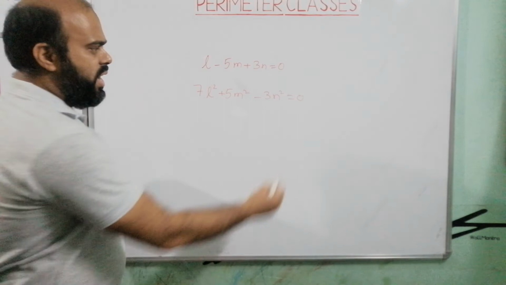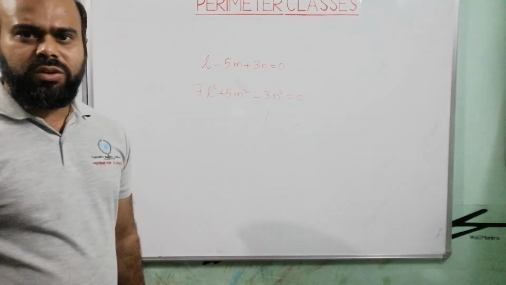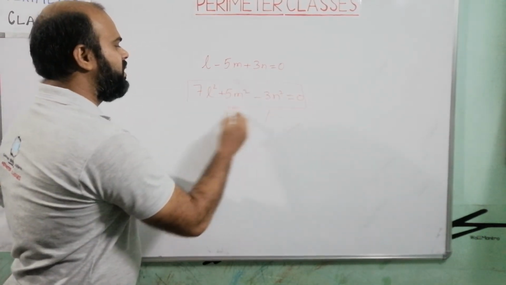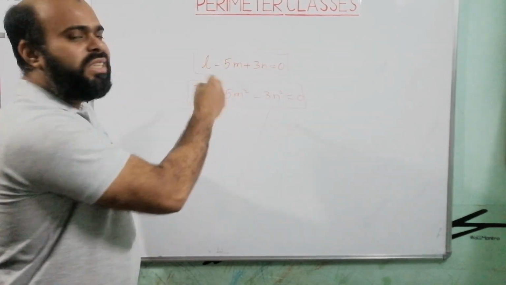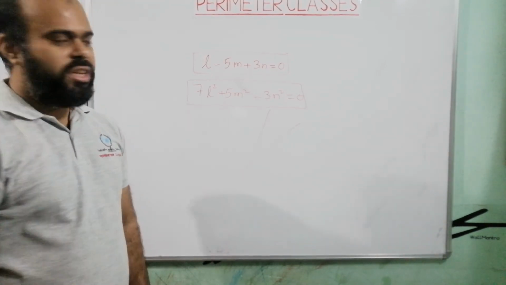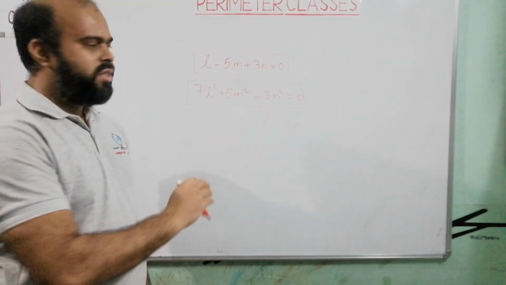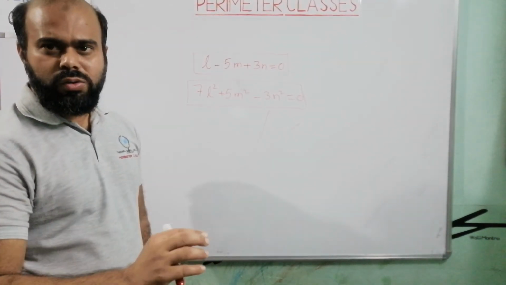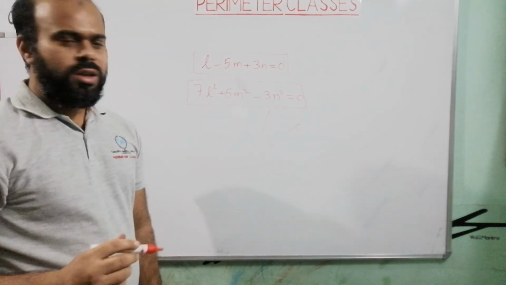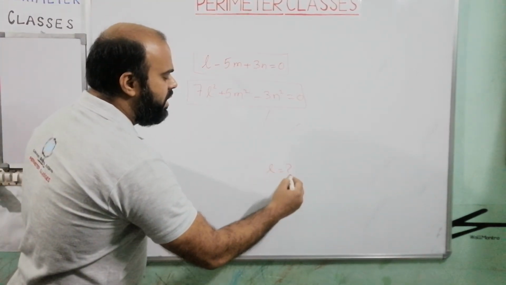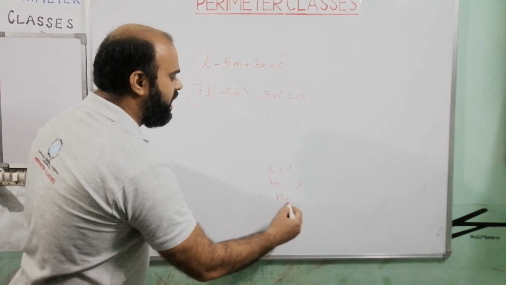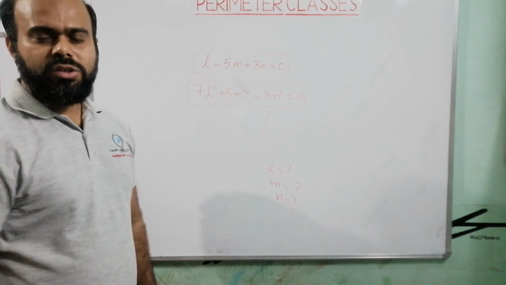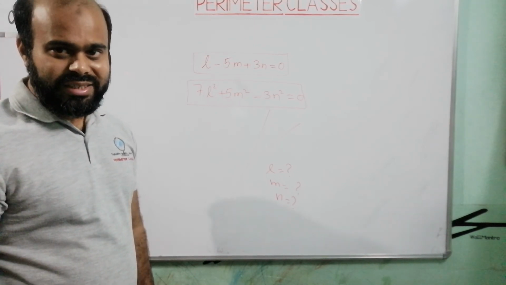So there are two lines and both lines have direction cosines satisfying this set of relations. Whether you take L1, M1, N1, that will satisfy both of them. Whether you take L2, M2, N2, that will also satisfy both of them. So can you find what L, M and N are for the individual lines, both of them? This is the question which we will discuss in the next class.